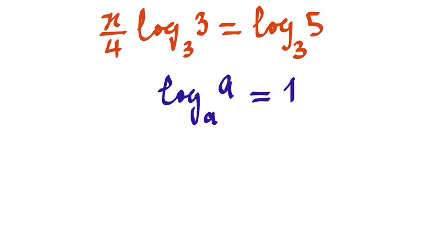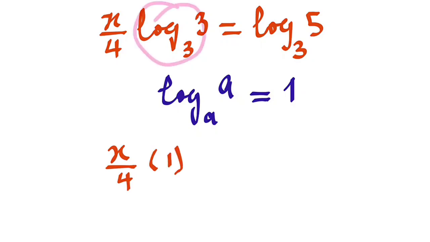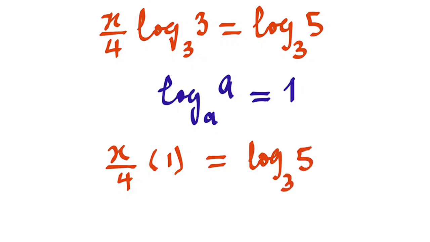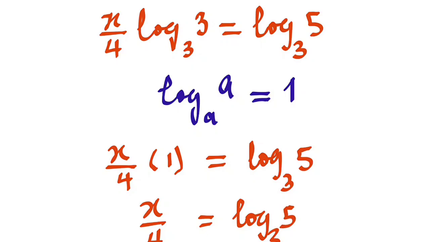We have x over 4 multiplied by 1, because that becomes 1 using this law. Understood? So here we'll have x over 4 equals log base 3 of 5.